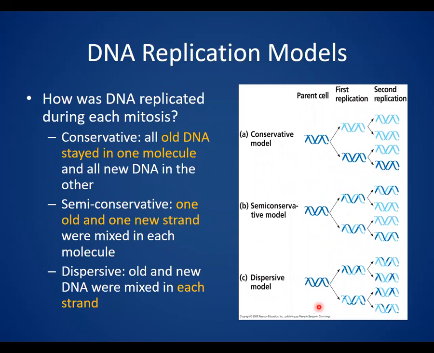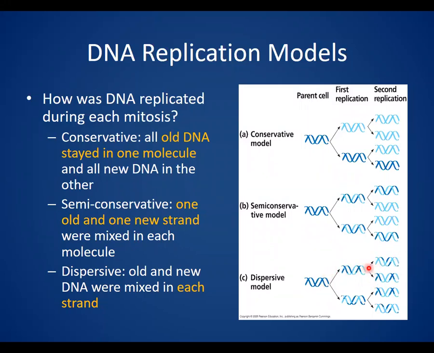And finally, there was technically a third possibility, the dispersive model, which basically said that the old and new DNA were all mixed up. Like it got chopped up and somehow pieced back together, and each daughter cell here in the first generation got some of the old and some of the new. And the same thing in the second generation, right? Each daughter cell got some of the old and some of the new.